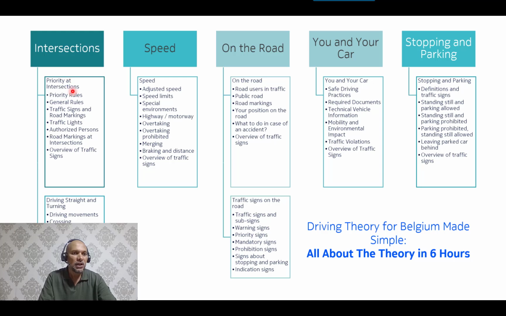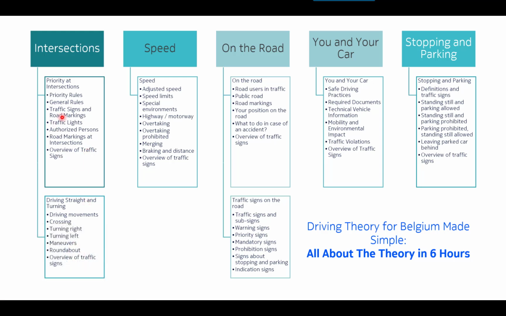Basically when we start with priority, we will talk about the priority rules, general rules, what are the traffic signs, what are the traffic lights, who are authorized people, road markings at junctions, and then we will look at the traffic signs or the traffic boards related to priority at intersections. Then after that, we will move to the next topic in the same intersections.